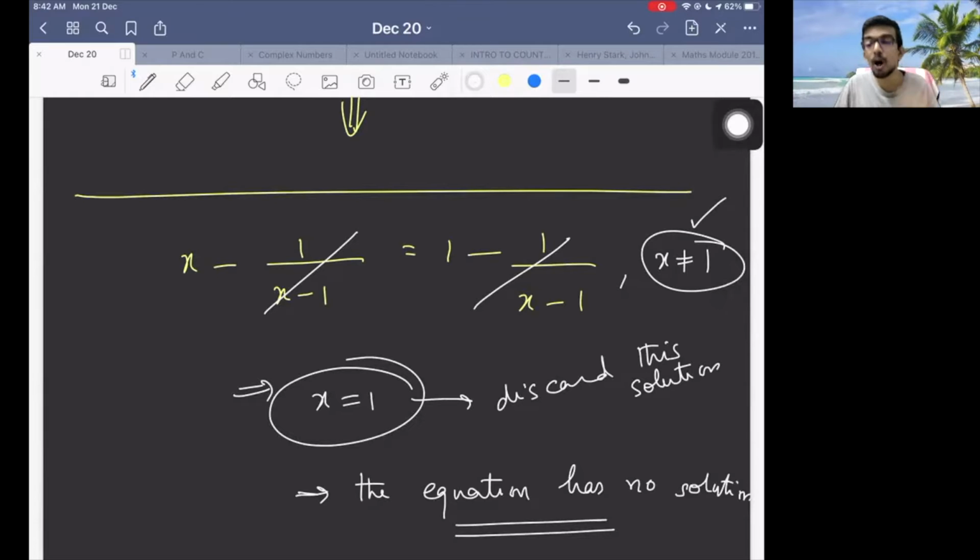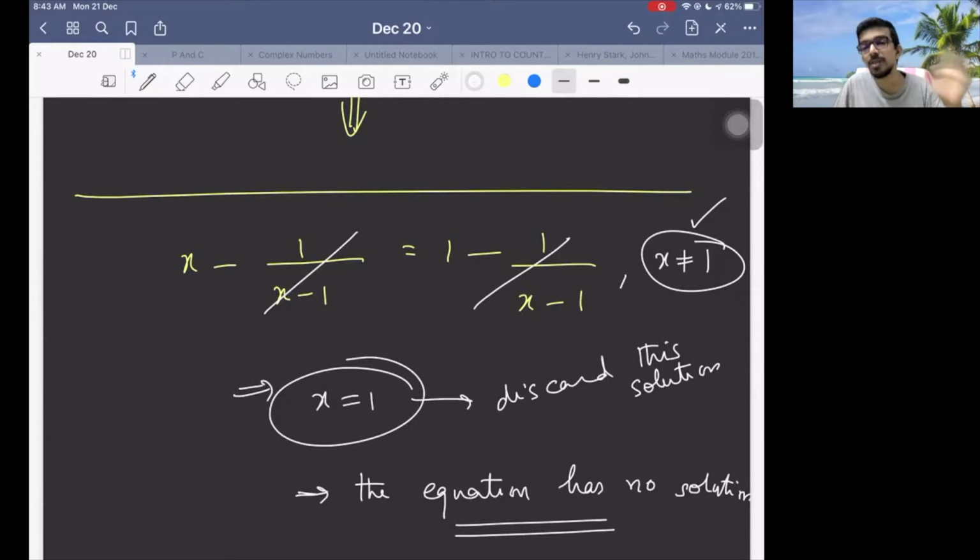Now, after solving an equation, if you come across those numbers, you have to discard them. You cannot accept those as the solutions because those numbers are going to make your original equation invalid. You understand my point? Got it? Simple idea.